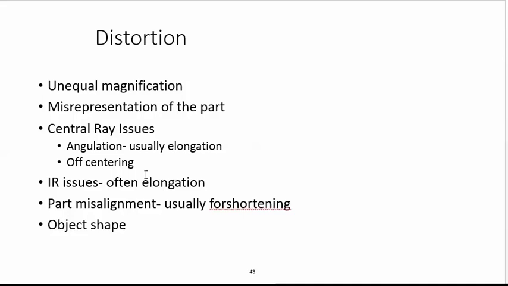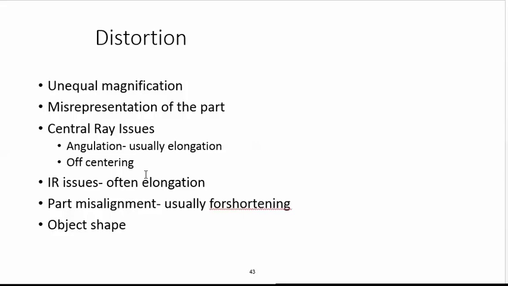The tip of my scissors is not going to be magnified, the handle will be. So what we get is unequal magnification. What's elevated magnifies, what is not elevated does not magnify, but it changes the relationship between the length of the anatomy and the image receptor, and if you're using a flashlight, the light field that's shining on the object. So it's going to distort. It's not only going to magnify one end over the other, but it's also going to change the shape within the shadow, and therefore it's going to misrepresent the appearance of the anatomy as well.